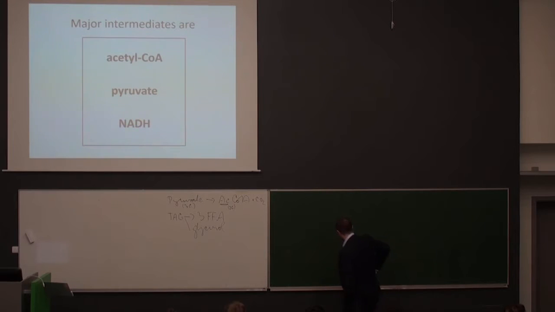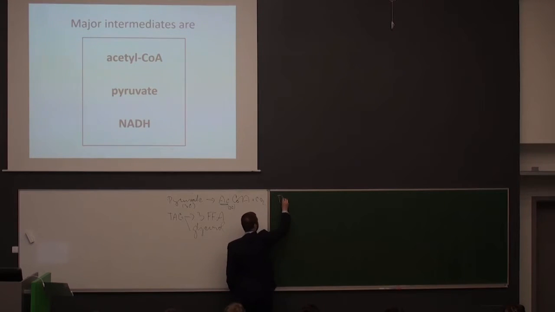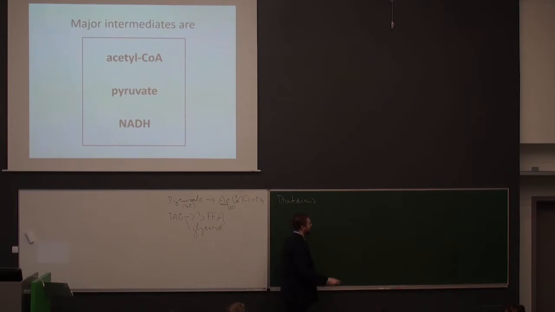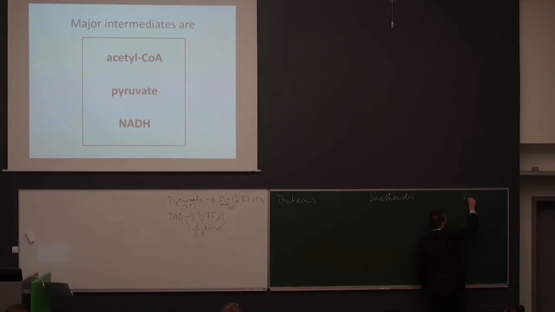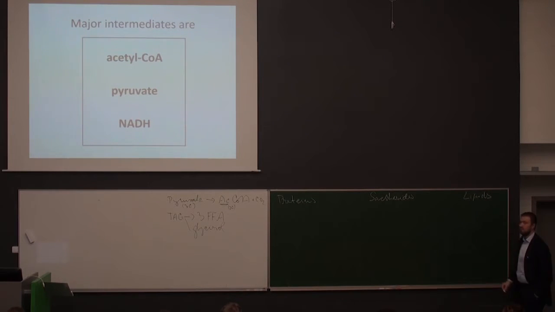And right now, we should draw this on the board. So we start with proteins. Then we have saccharides. And then we have lipids. And as you remember, we have 3 waste products of our metabolism.